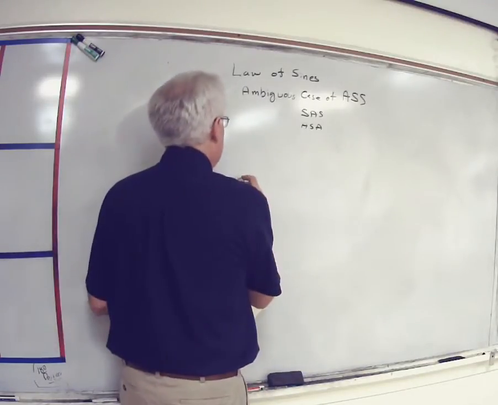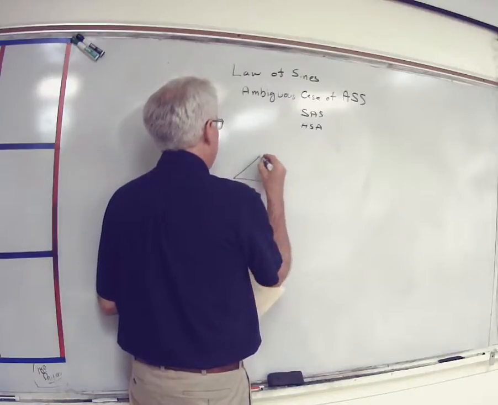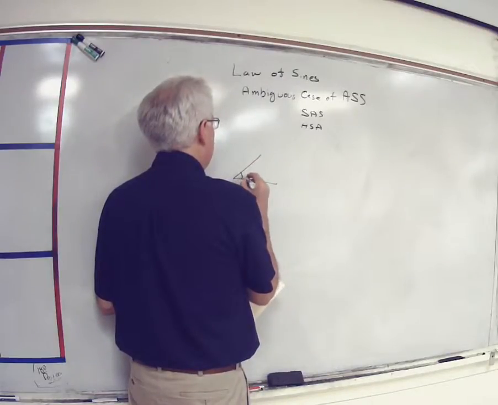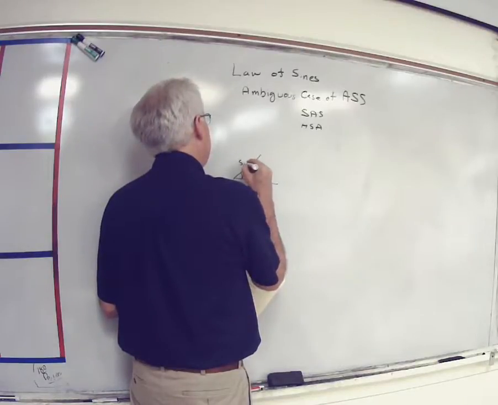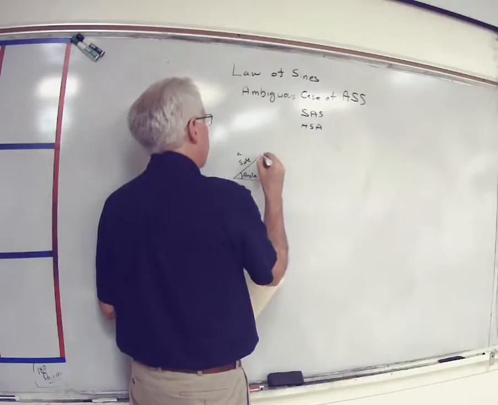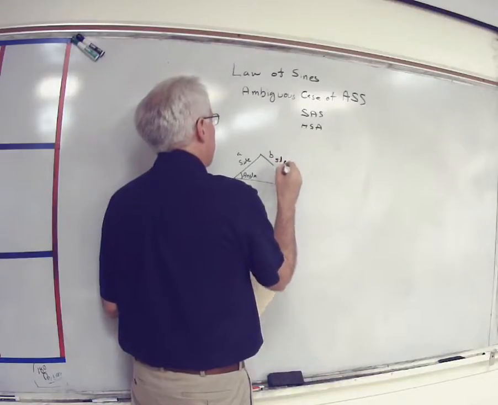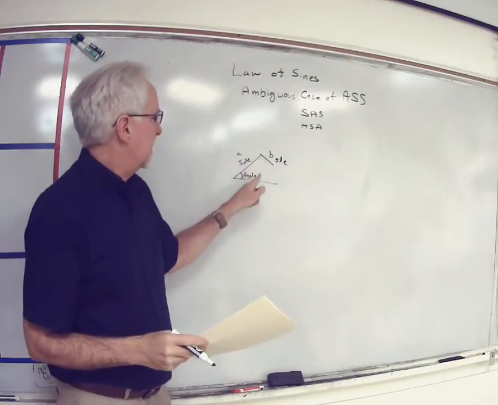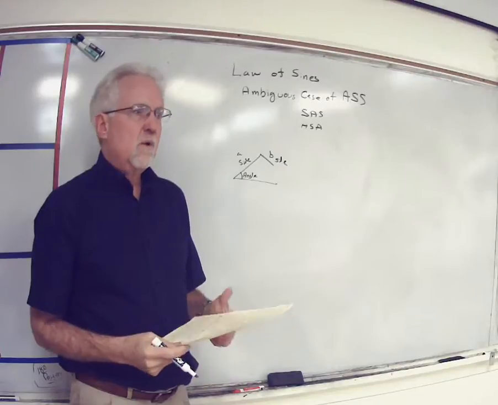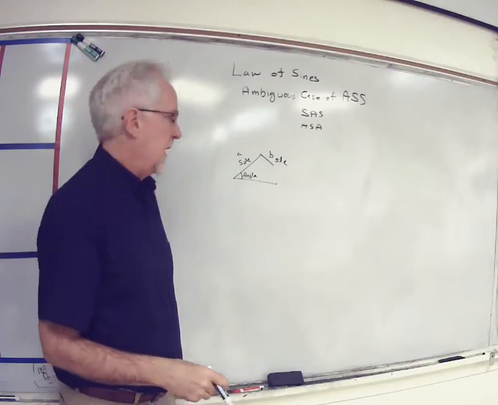Because let's say that I give you this angle, and then let's say I give you this side, and then this side. And I don't tell you that angle, I just give you one angle. Well, there's different possibilities, right?